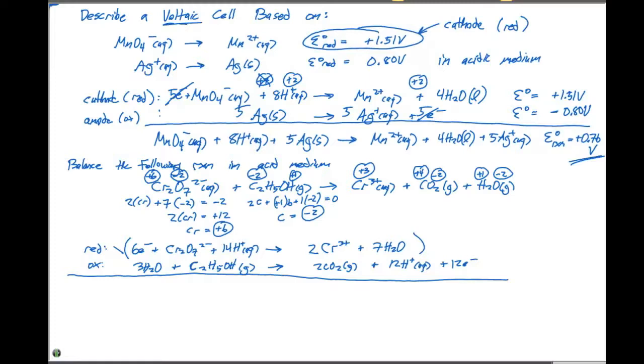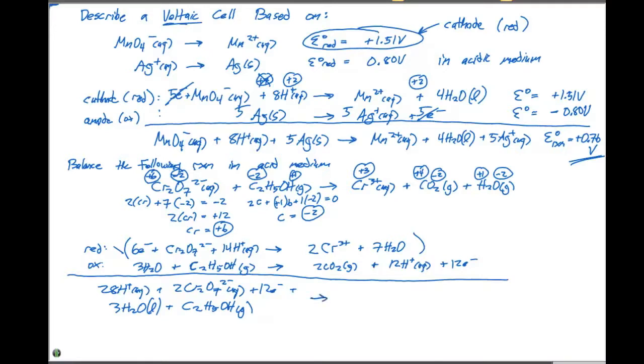We're going to have, if we multiply all this out, 28 H+ in aqueous solution plus 2 Cr2O7 2- ions in solution plus 12 electrons plus 3 waters plus C2H5OH as a gas.